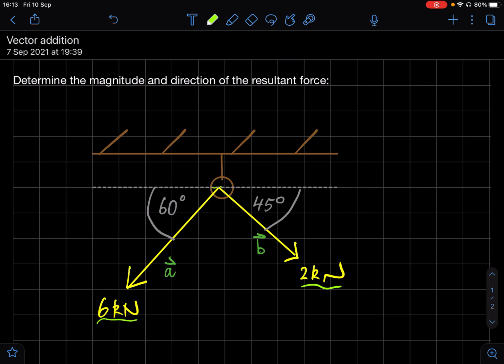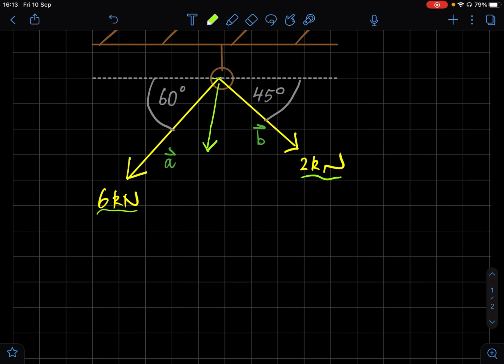So we're asked to determine what the resultant force would be. If you picture two people pulling apart at this joint, where would the resultant force be? I think intuitively we could think, maybe it's going to land about there if you try and balance those two forces. But let's do it mathematically and thoroughly.